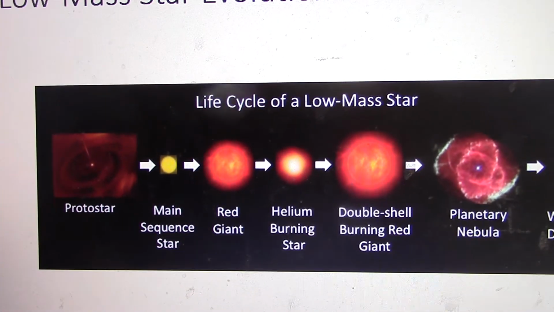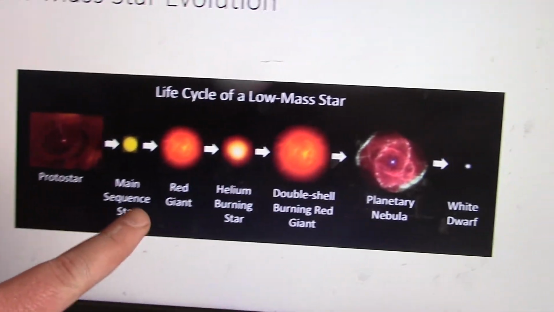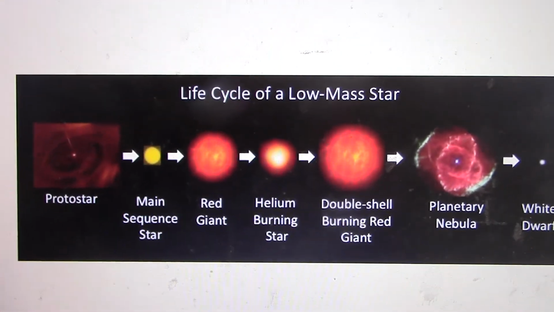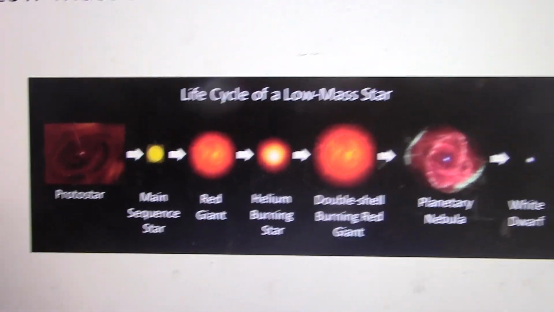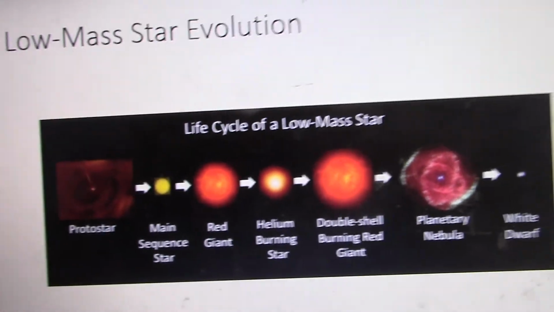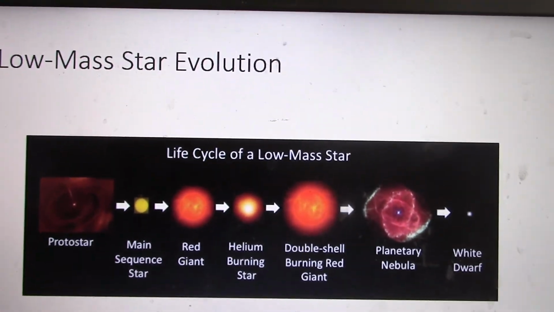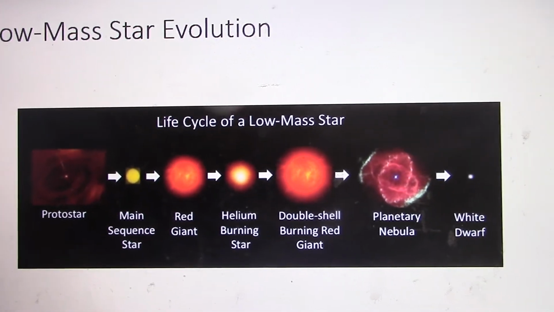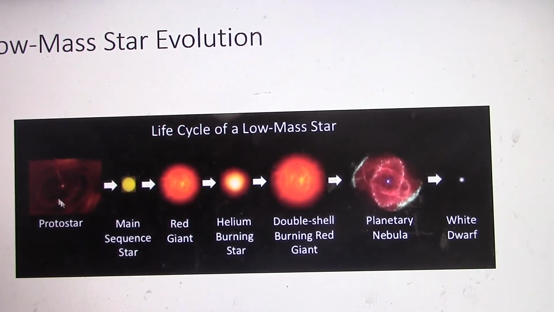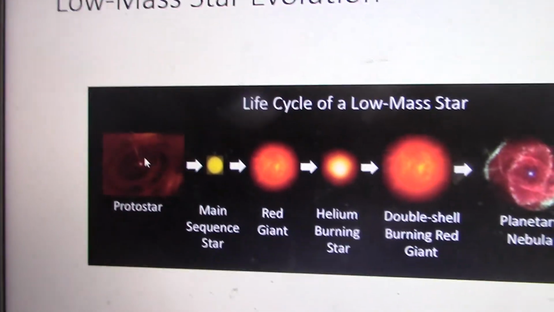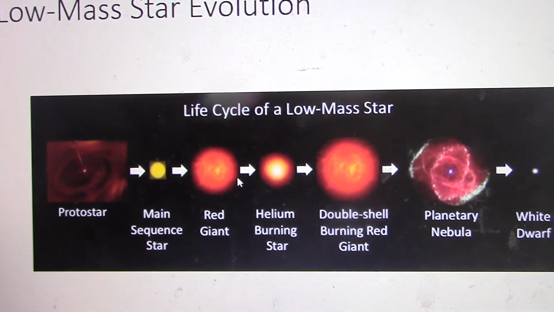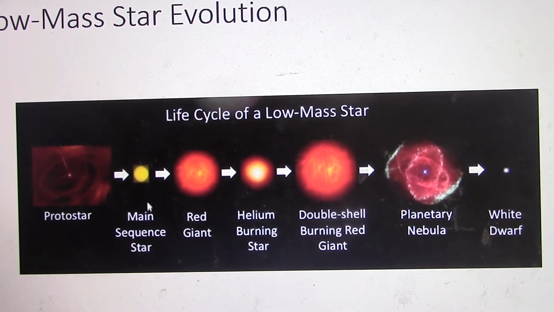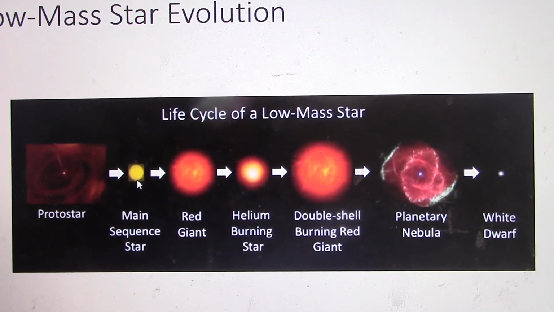there's a whole piece of stellar astronomy looking at where stars are on a sequence chart. It's called the main sequence, and stars either exist along the trajectory of the main sequence or anomalous to that. But anyway, low mass stars, they always start as swirling dust and gas called protostars. Low mass stars, they live their life as a main sequence star for most of the time.